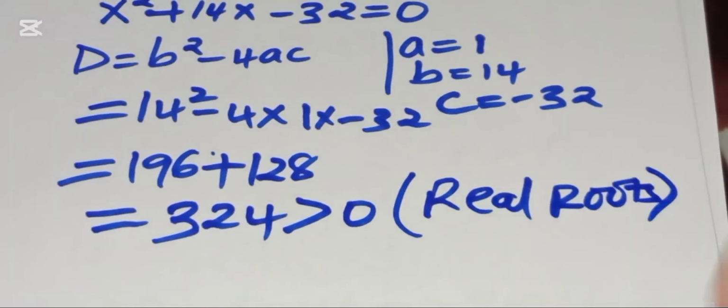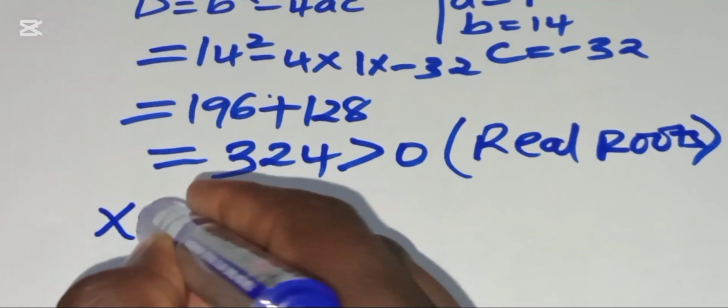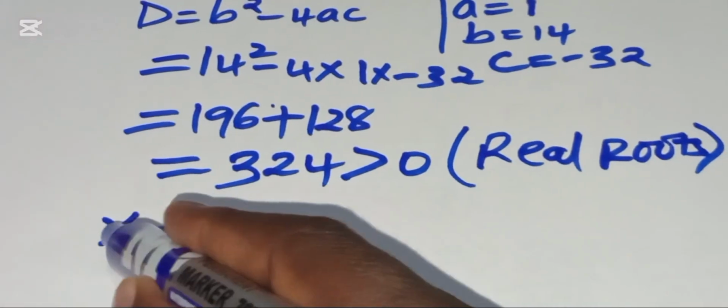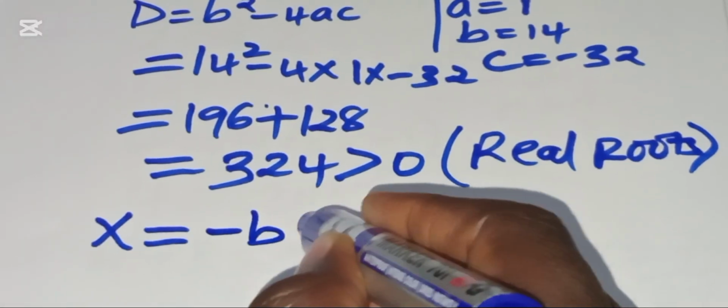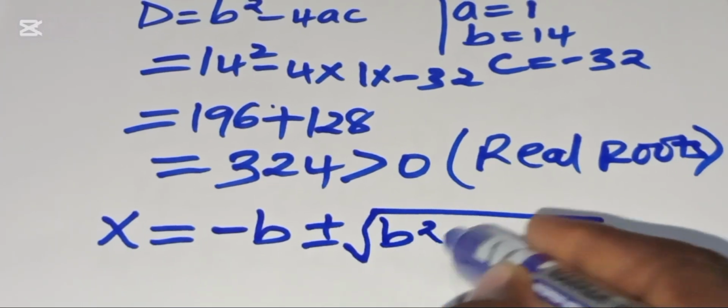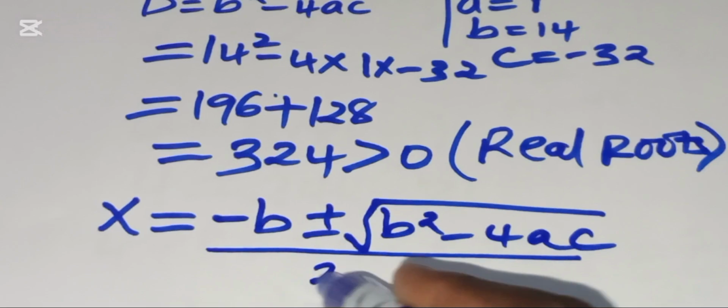Now we can use the quadratic formula to solve for the values of x. x is equal to −b plus or minus the square root of b² − 4ac, divided by 2a.